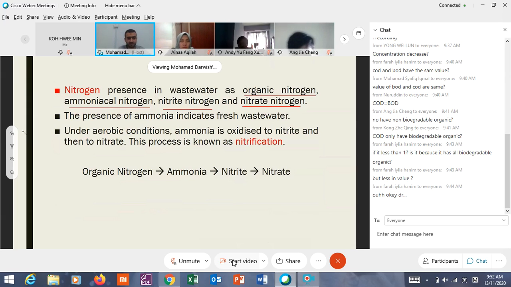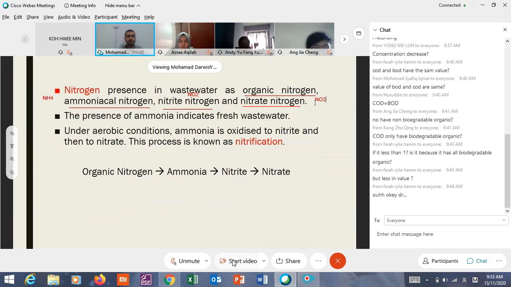Ammoniacal nitrogen is NH4. The nitrite is NO2, and nitrate is NO3. Okay, so we have the nitrite and the nitrate.